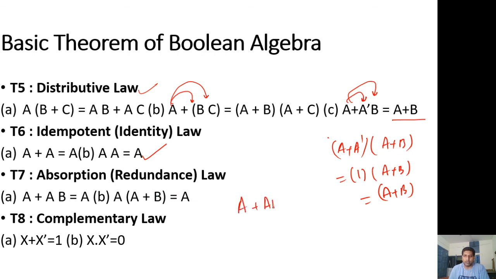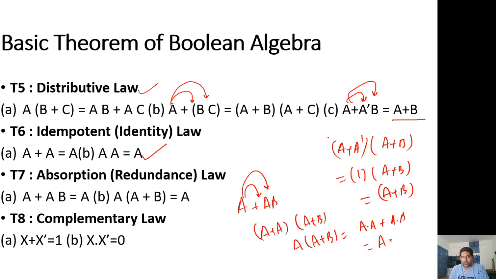A plus AB, A goes to A and A goes to B. That means A plus A and A plus B. A plus A is equal to A, plus multiply A into B, it is called A dot B. A(1 plus B). A 1 से किसी भी टर्म को ऐड करें तो 1 ही आएगा, तो it will be A.